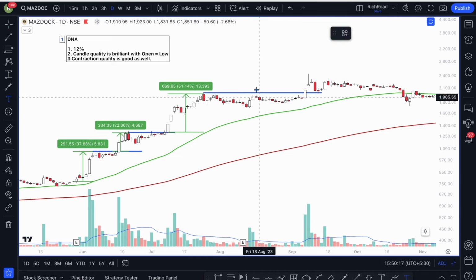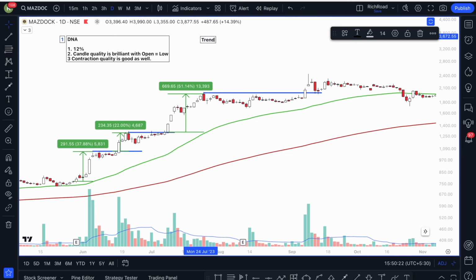So the second thing is trend and structure. We'll see that. So uptrend and stage 2, 50 and 200 EMA up sloping. That's good. Now let's get a picture through the monthly.